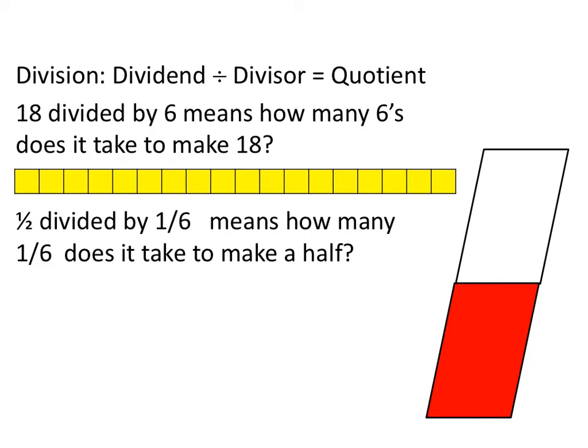I'm an elementary teacher. So division is usually asking this question, which I think is more relevant and hopefully helps us to understand what is going on. How many 6s does it take to make 18, right?